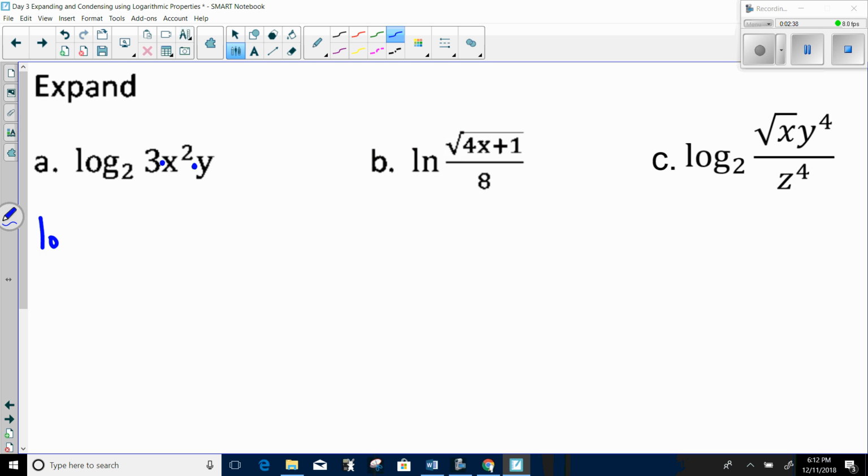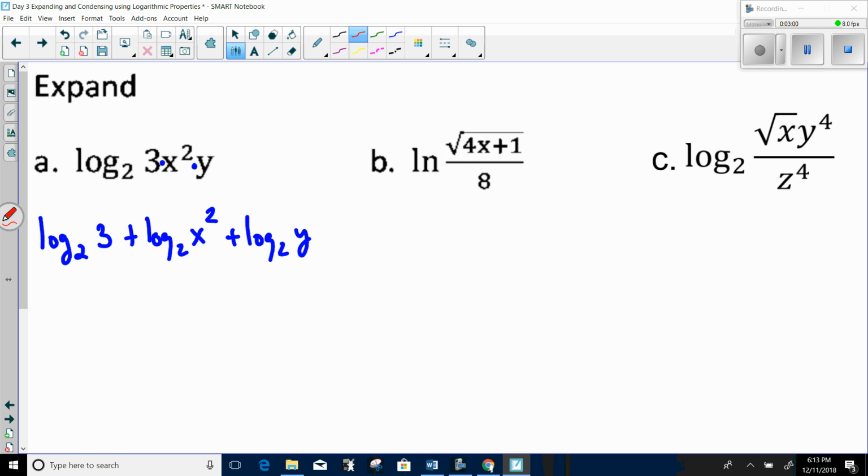So this is going to become log base 2 of 3 plus log base 2 of x squared plus log base 2 of y. Each one of those multiplication symbols becomes an addition. This is one logarithm, this is the other, this is the other, so it splits up into 3.